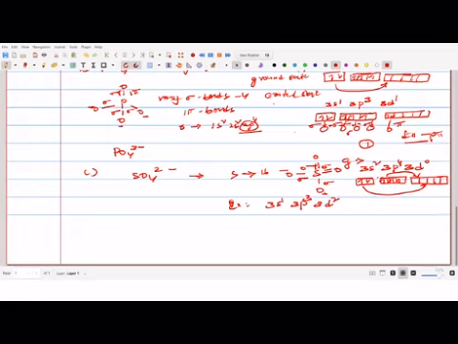Because sulfur is showing 4 sigma bonds plus 2 pi bonds. That means sulfur will show 2 d pi-p pi bonds with oxygen.